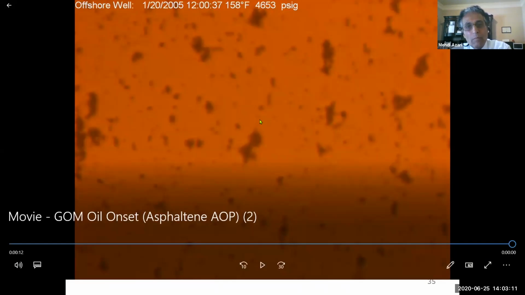This is a piece of asphaltene. As we talk about it, asphaltene is more like a solid. The story of asphaltene PVT is a totally separate discussion that I didn't bring here because it takes a lot of time. You need to make sure that asphaltene does not form inside the reservoir, because if it forms, it is worse than gas condensate.